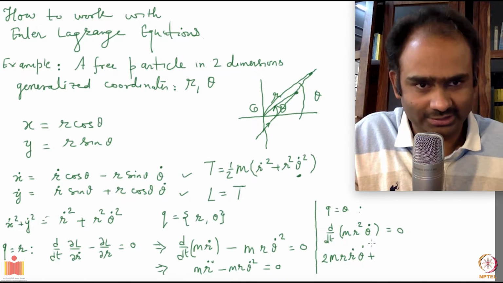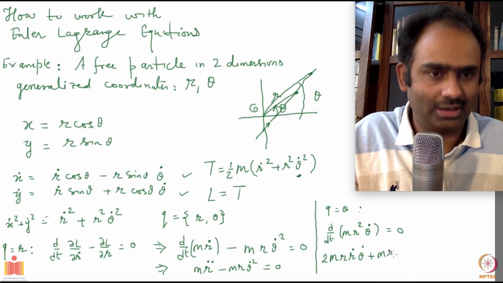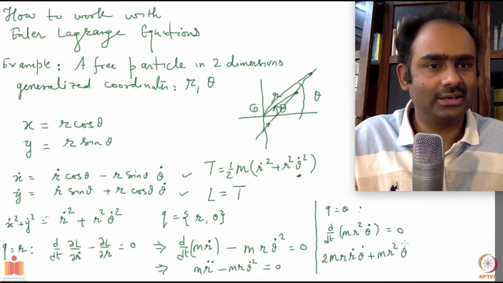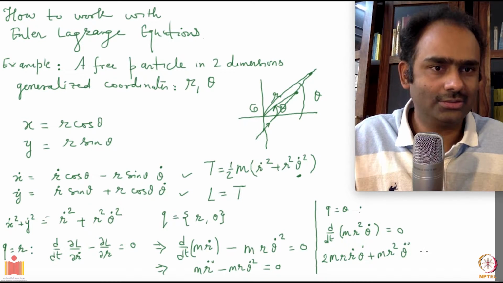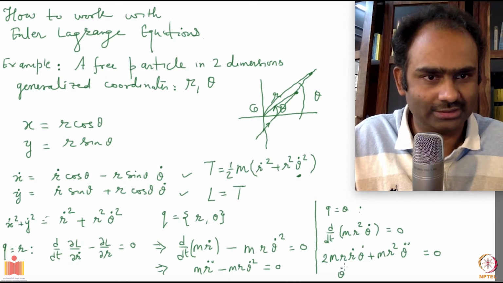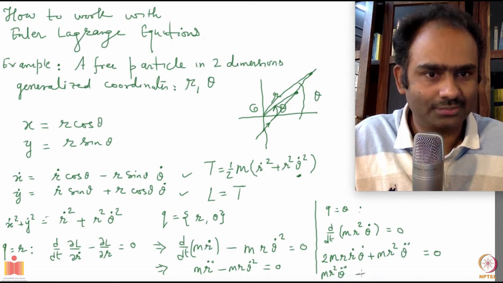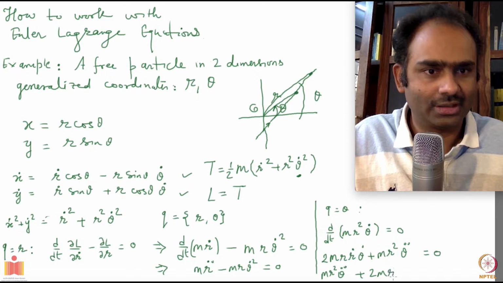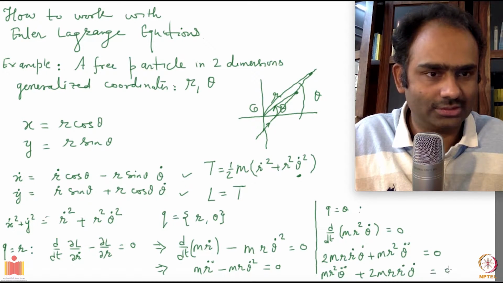Next I differentiate the theta dot term, so I get m r square theta double dot equal to 0. Okay, let me write it first, the theta double dot terms and then the theta dot terms. So I get theta double dot m r square plus 2 m r dot theta dot equals 0.